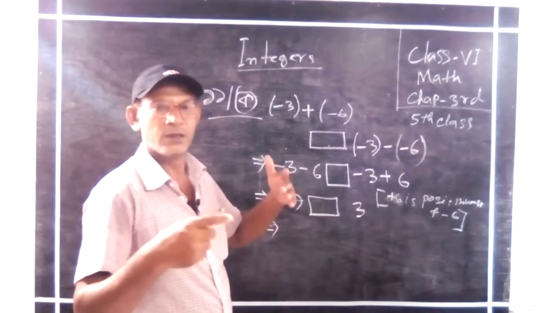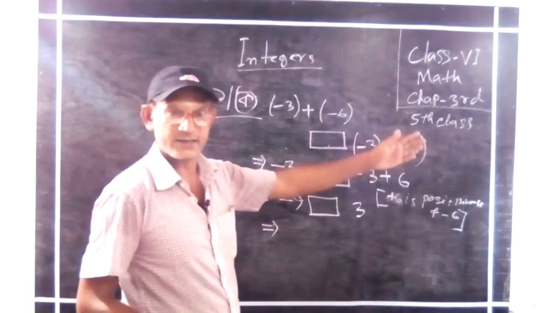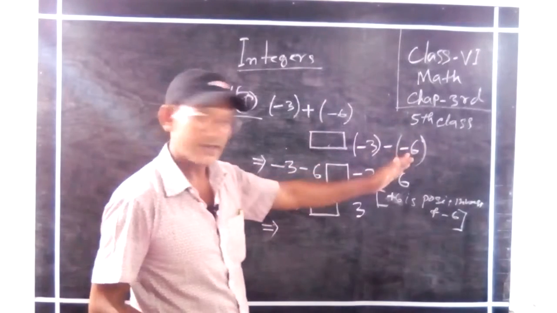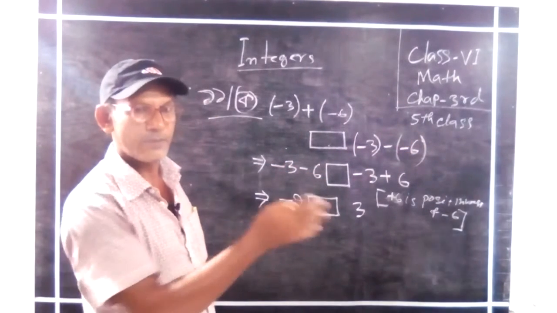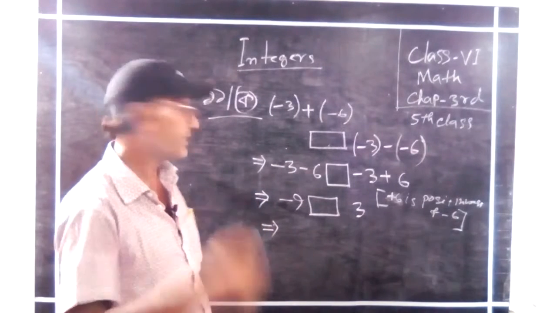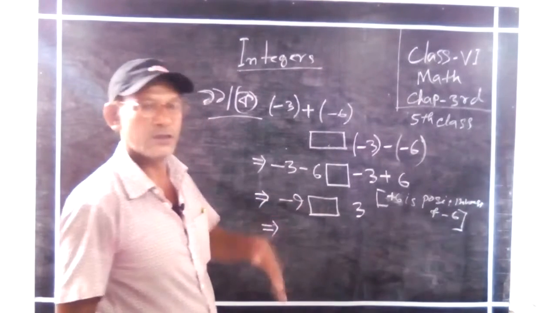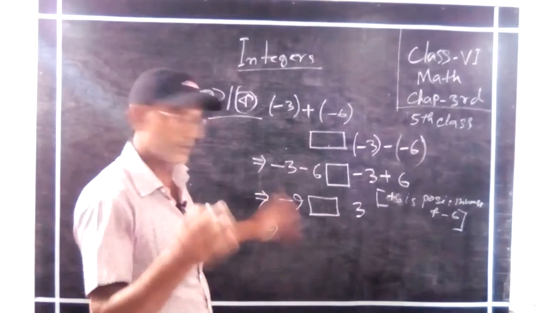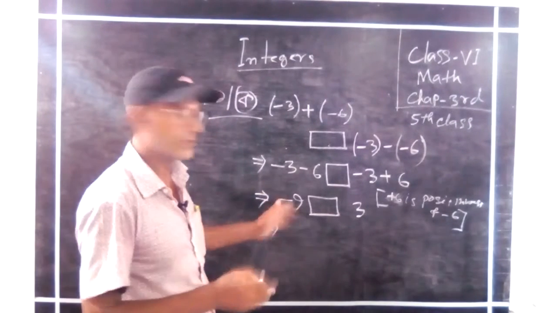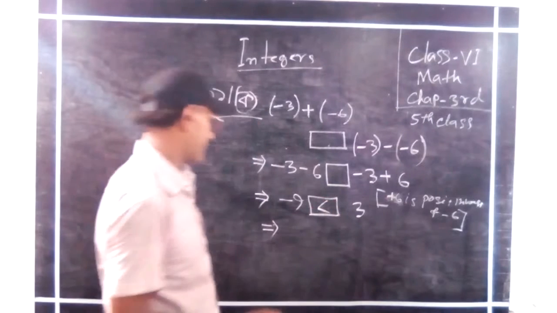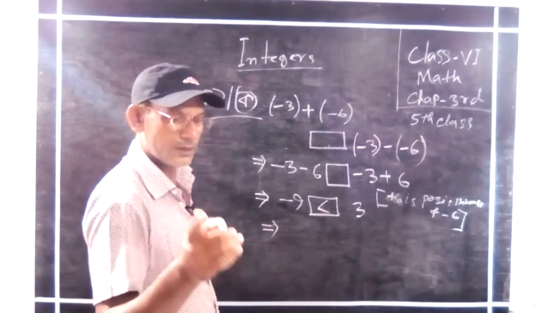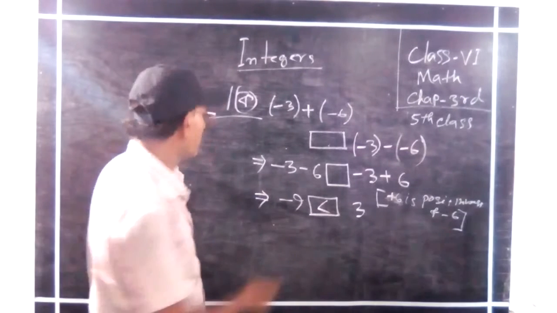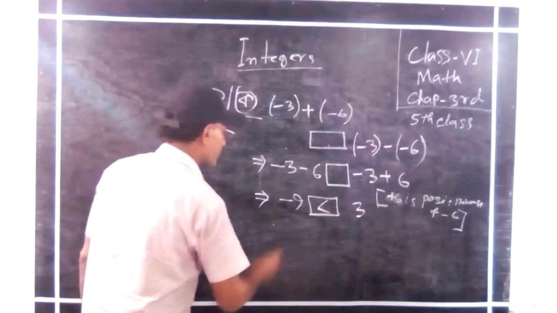Plus 3 is in the position on the right side, and minus 9 is in the position on the left side. So plus 3 is greater than minus 9. So minus 9 is on the left side, so we write here left hand side. Yes, right. So in the empty cell we can write smaller than.